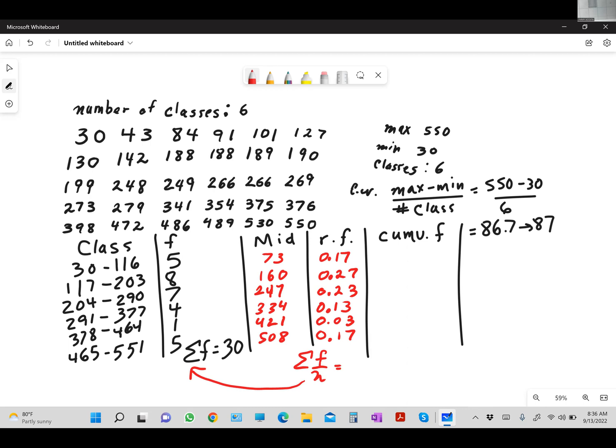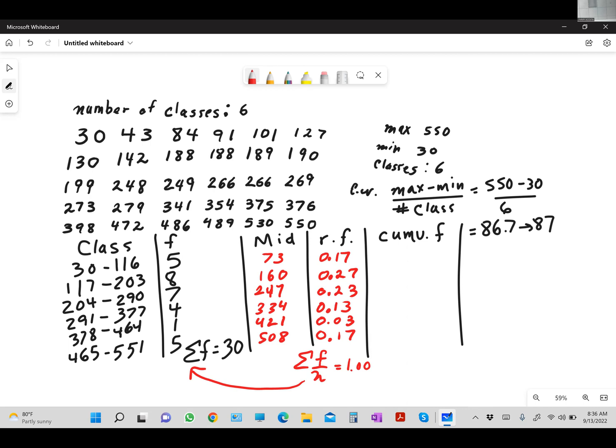It will be 1. Now, not in all cases do you get 1. Sometimes because of rounding, you get 0.99. Sometimes you get 1.01 or 1.001 or 0.999. But 1 should be the answer, and sometimes it's a little bit off because of rounding, so don't stress over that. And then finally, we're going to do cumulative frequency.